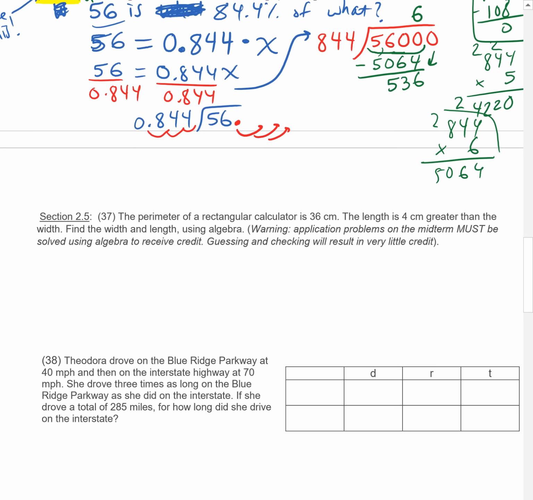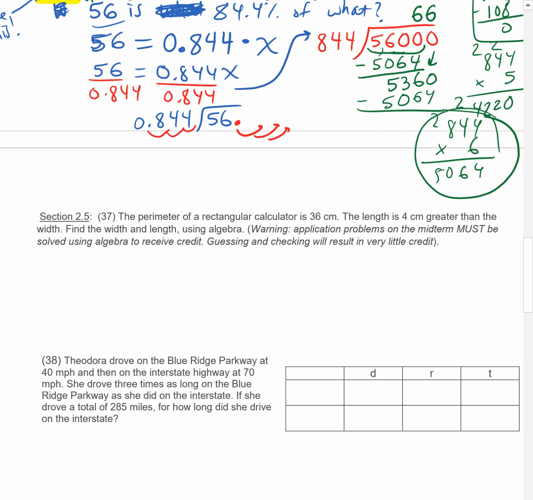If I bring down the 0, does 844 go evenly into that? Probably not. I guess we know that 844 times 6 is 5,064. I think 844 times 7 would be too big, so I think it's another 6. 6 times 844 is, we already know, 5,064.